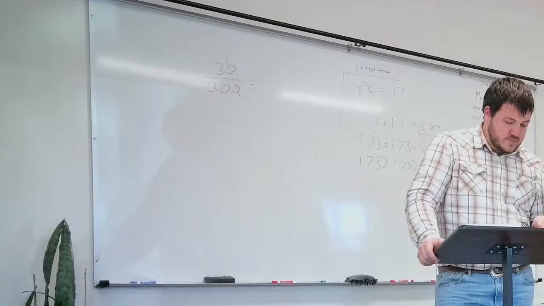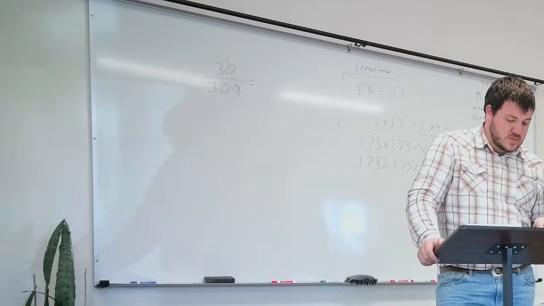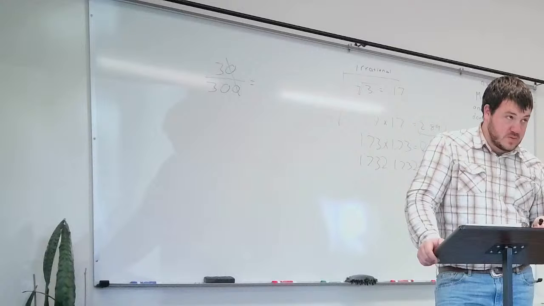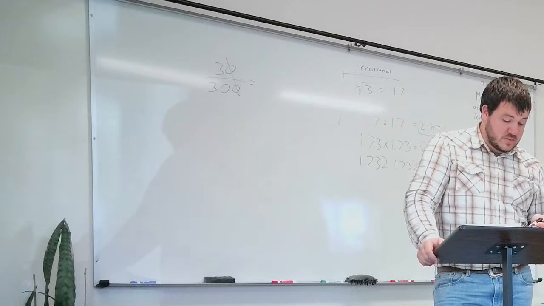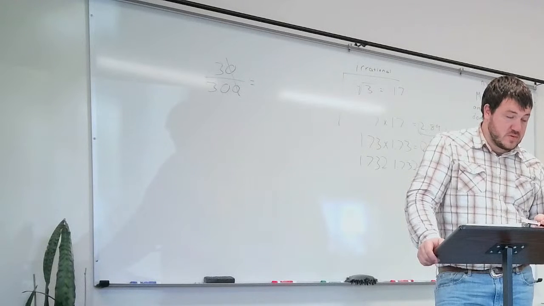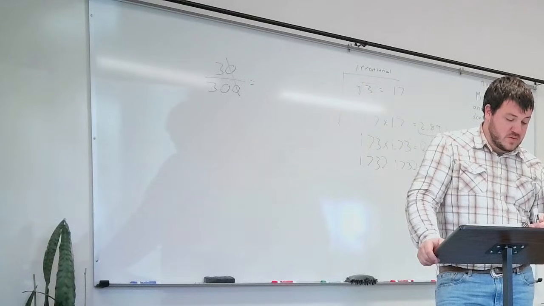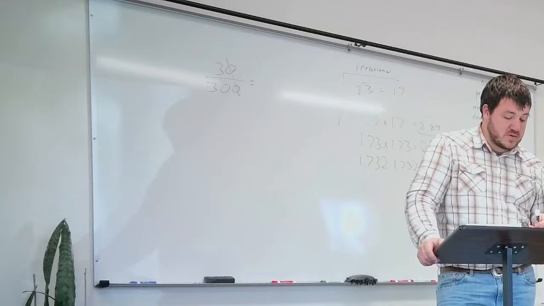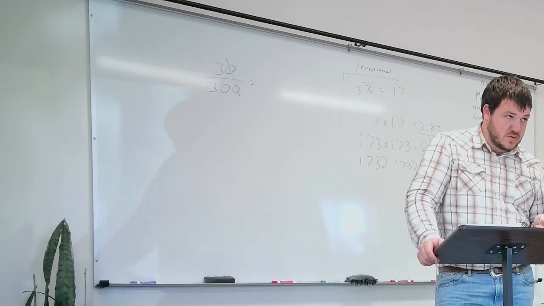You'd go 3.14 times 1.5 squared. 1.5 squared is 2.25. So 3.14 times 2.25 is? 14.13.